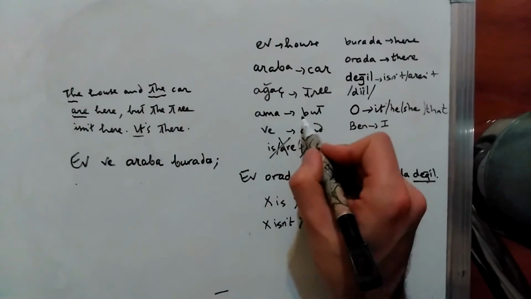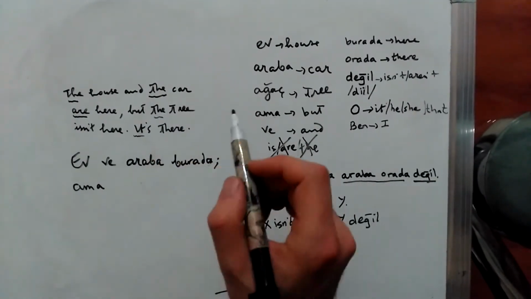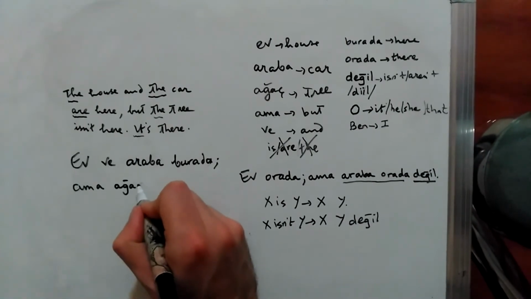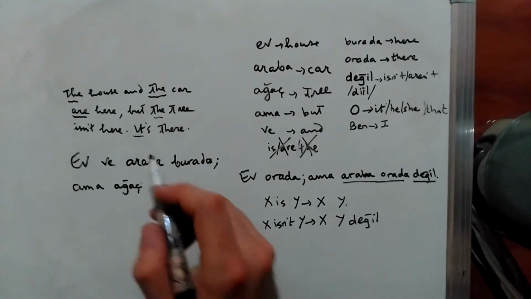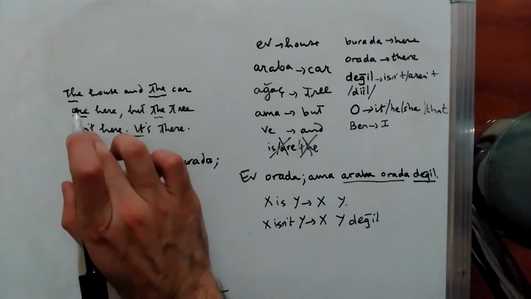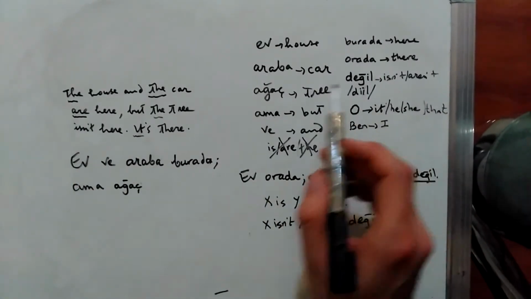But, which is ama. The, we don't say this. Tree, which is ağaç. Isn't, we have this, which is değil.